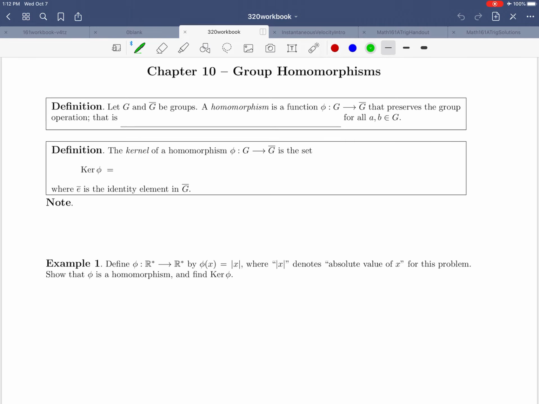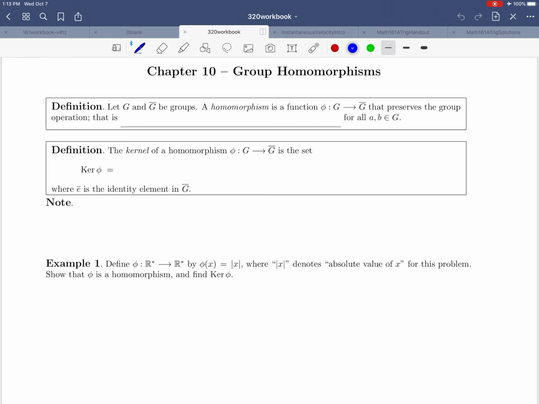In chapter 12, we're going to learn about group homomorphisms. We already learned about group isomorphisms, and isomorphisms were functions from a group to another group that were one-to-one and onto and preserved the group operation. Now, a homomorphism is very similarly defined.